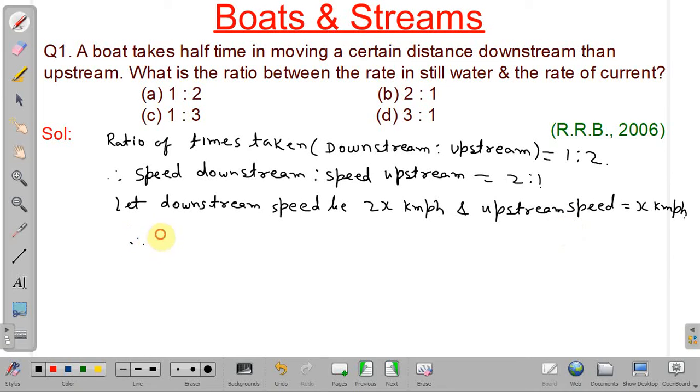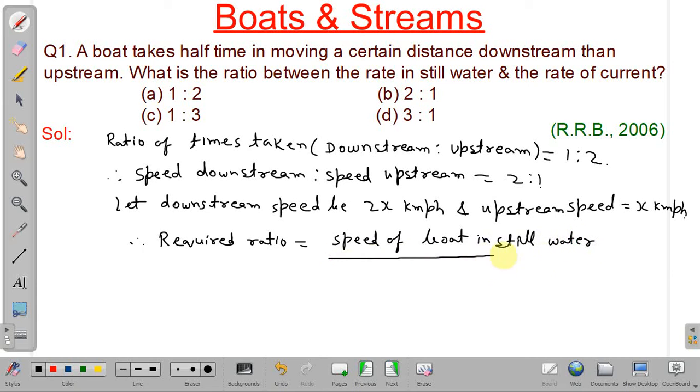Therefore, we have to find the required ratio. It will be equal to speed of boat in still water divided by rate of current. So it will be equal to, as we know, half of downstream speed plus upstream speed, so 2x plus x.